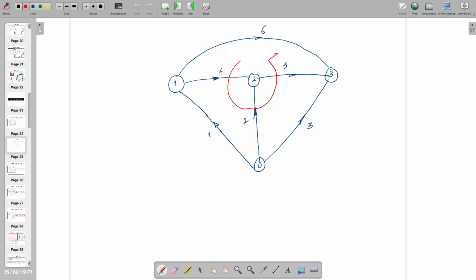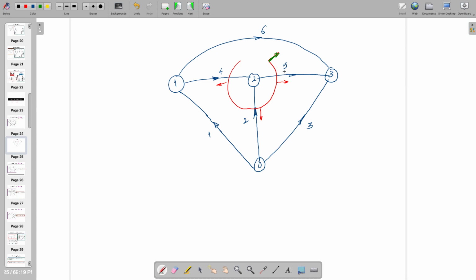But if it is this way, then in this circular way everything will be outside. So it's cutting three edges, 5 number, 2 number and 4 number. If this is this side, then all other directions will be outside, right?